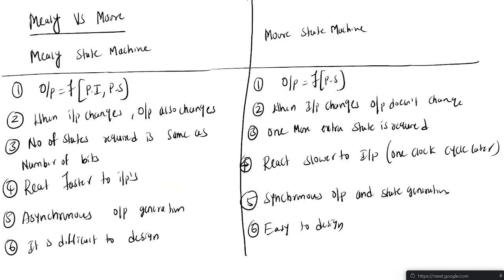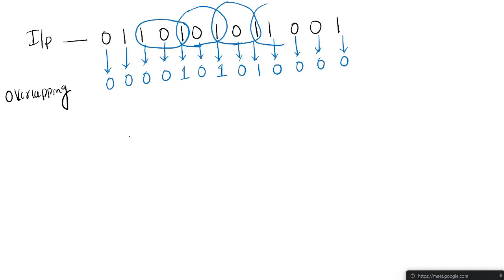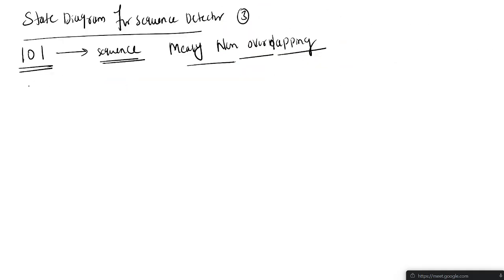See, in the differences I told you, the number of states required is the same as the number of bits. Here how many bits are you using? 3 bits. So how many states do you need? 3 states: S0, S1 and S2. Did you understand? So I am drawing here.